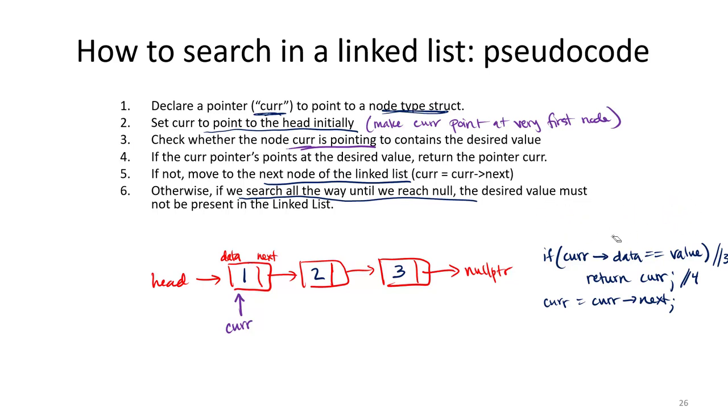So most of the time, we can actually use a while loop in this case. And we can say, while current does not point to null. So we continue running this loop as long as current is not pointing to null. But if this loop finishes and we still have not found our value, then we could return a false, return a 0, or return something else.